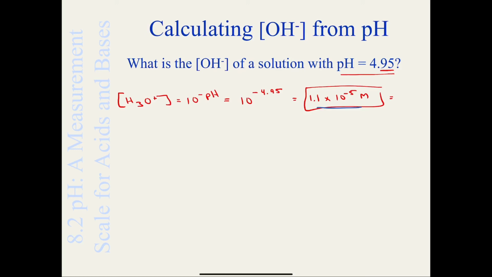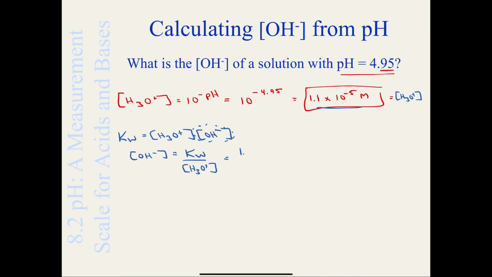Again, this concentration is my hydronium ion concentration. From there, I'm going to use the formula Kw is equal to the concentration of hydronium times the concentration of hydroxide to calculate the concentration of my hydroxide. Let's rearrange the formula. The concentration of hydroxide is going to be equal to Kw divided by the concentration of my hydronium.